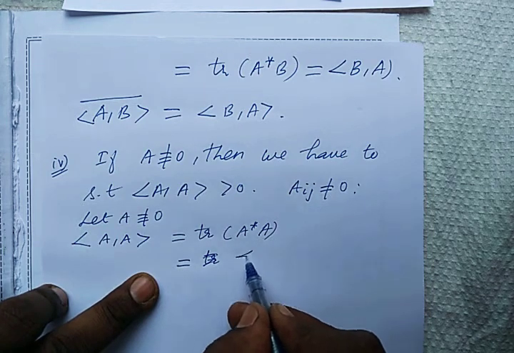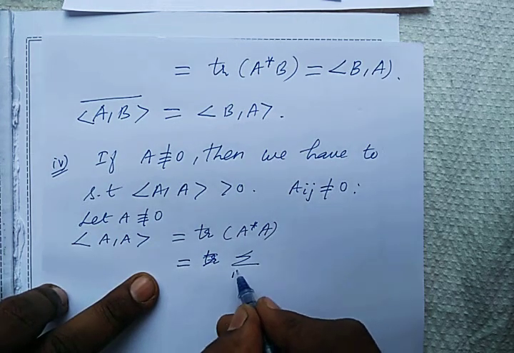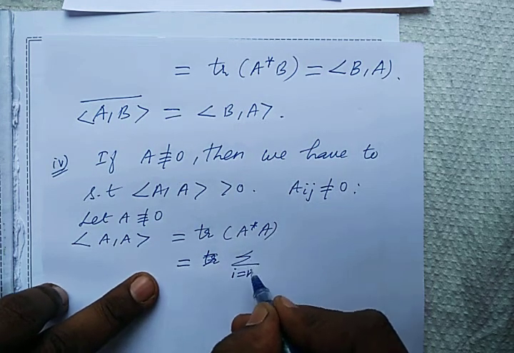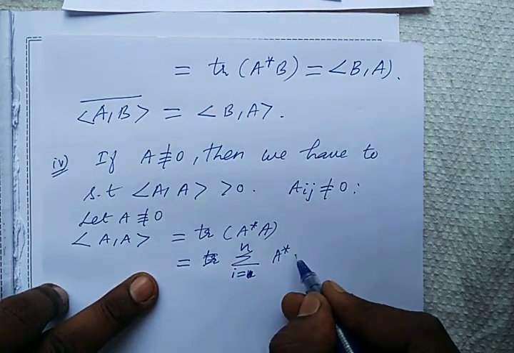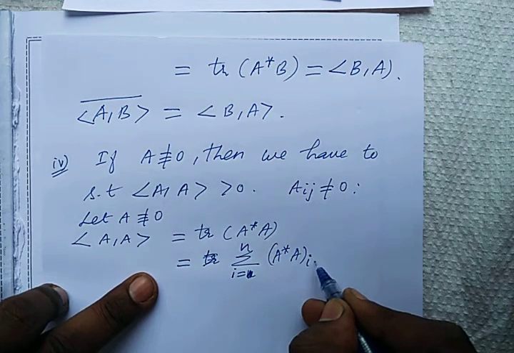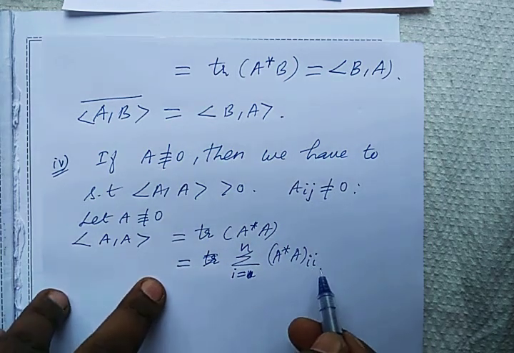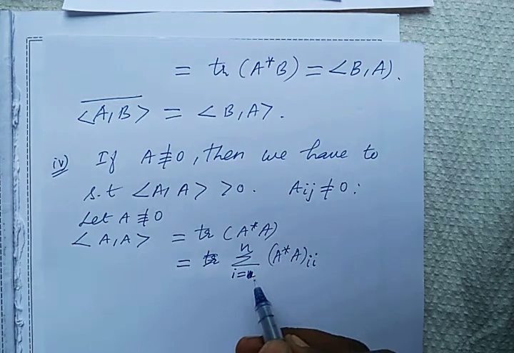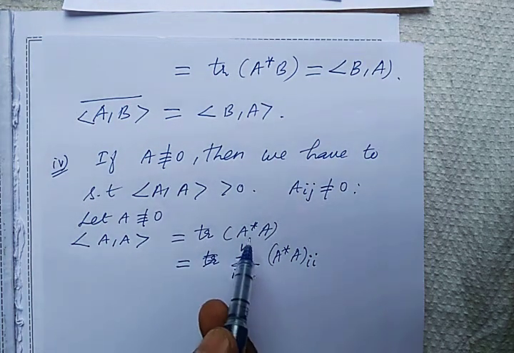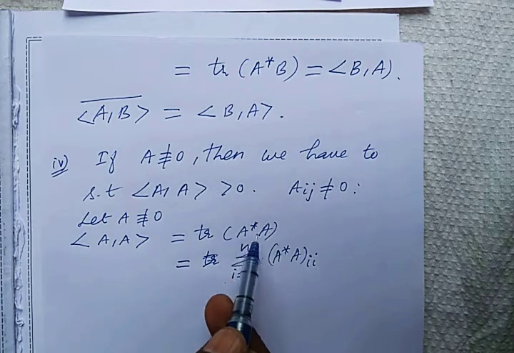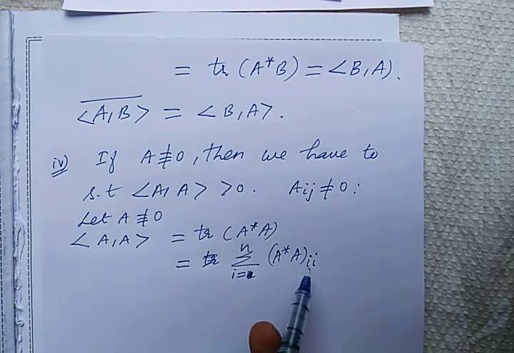Trace is a summation, i varies from 1 to n, of the i comma ith entry of A star A. This is a trace, right? We are summing over all the terms in the main diagonal of this matrix.